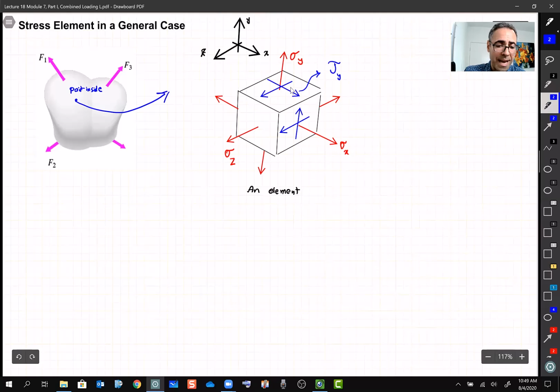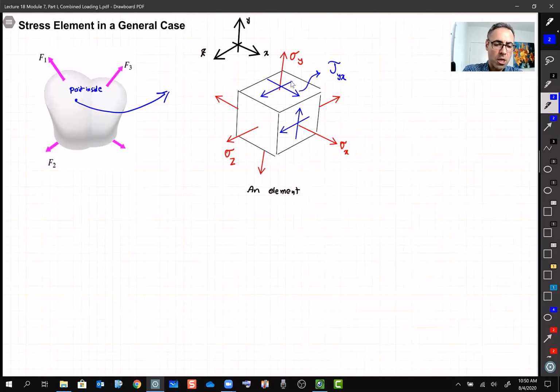Like this tau is on a plane belonging to the y-axis. Probably in one of your math or physics courses, you learned that each plane is shown by its normal axis. The one at the top is a plane whose normal axis is y. So I call it tau y, and the direction is in x, so it's going to be tau yx.